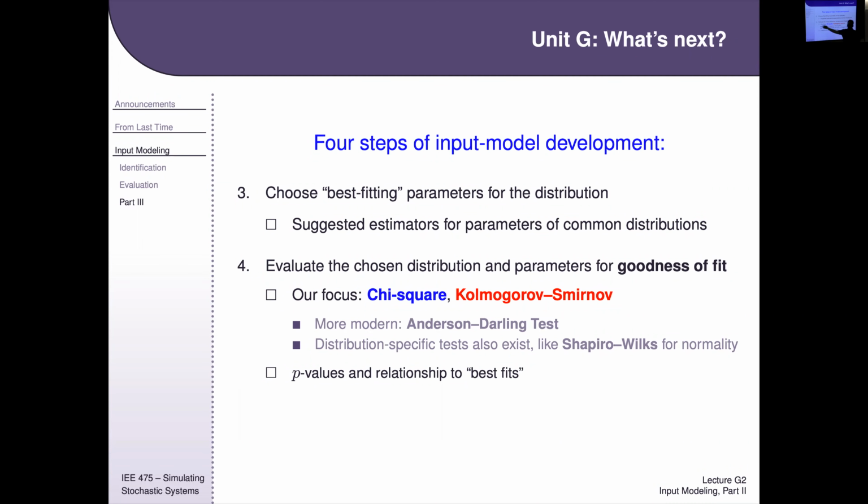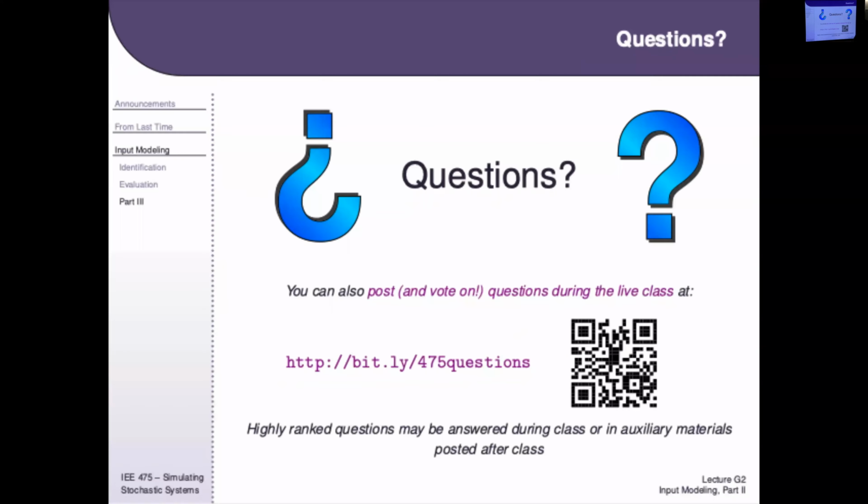Now that I've picked what I think is the best distribution, let me actually put a number on how good it is. You might find out that it's so bad that you really do have to go back to the drawing board. But the hope is that it ends up not being rejected and you've chosen a test that has so-called high statistical power, so you can feel pretty confident in your model. So that's where we're going from here. But that's all I've got for you for today.